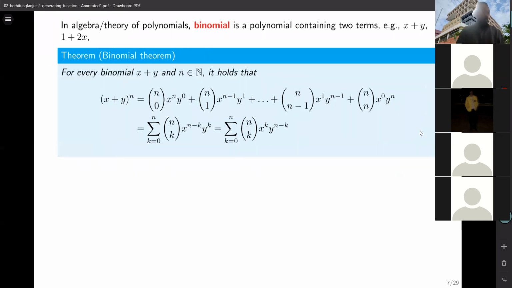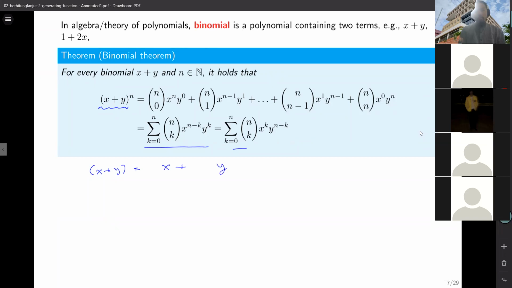Fortunately, we can use some theorem from algebra. In algebra, we know that this form, x plus y to the power of n, is actually this. That is, for example, x plus y is, of course, x plus y, right?